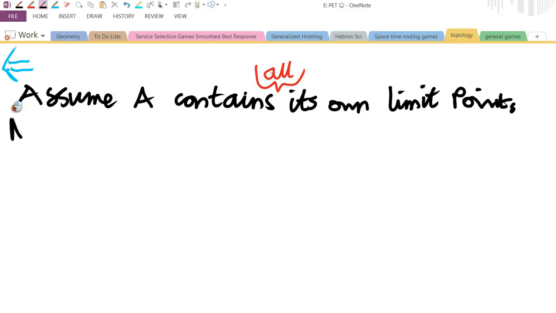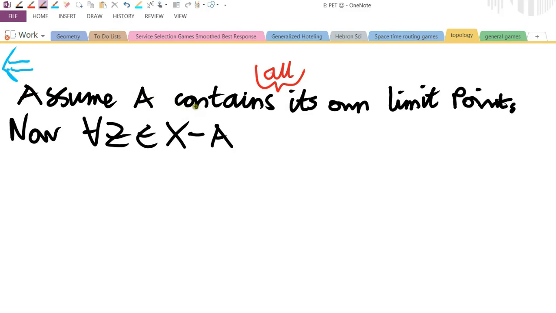So let's write that explicitly. For every point Z which is not in A, in other words, which is in the complement of A, we have that Z is not a limit point of A. So what does that mean? Well, it would be a limit point of A if every open set which contains it intersects with points of A.